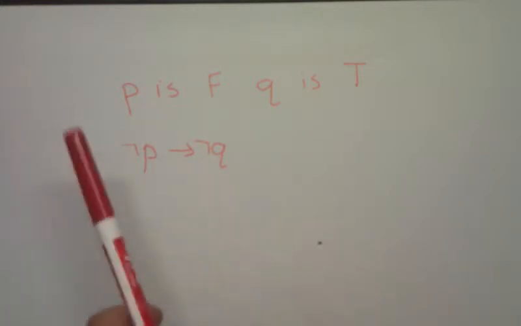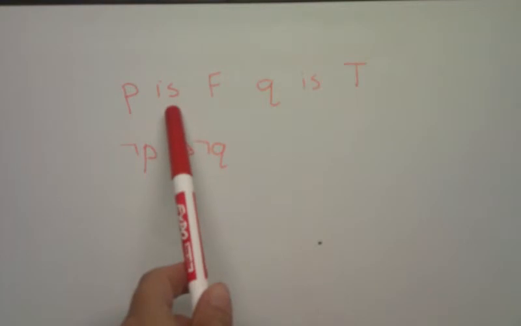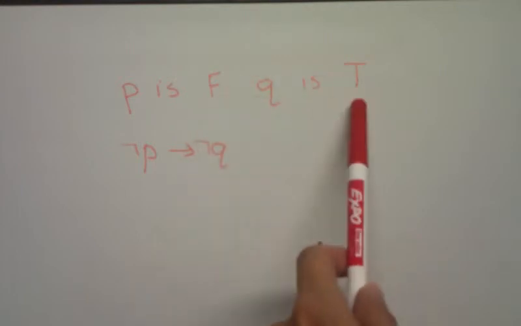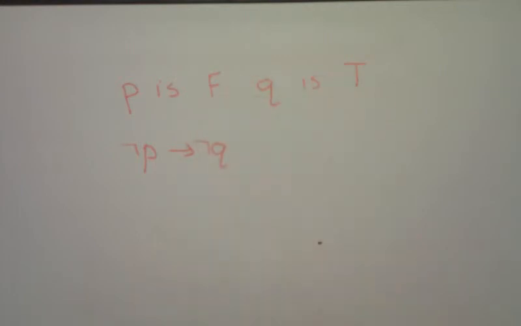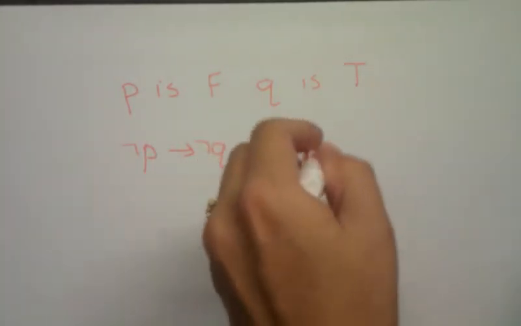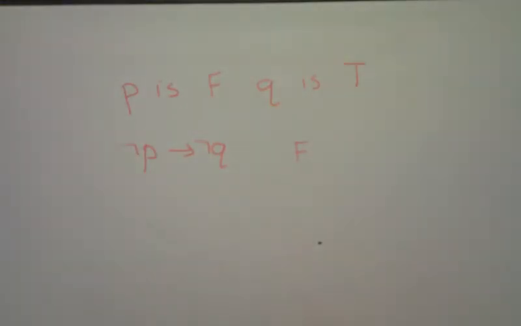Okay. If P is false, that means it's true. So if this is true, and if this is not true, that means it's false. So if this is true and that's false, the answer is false. You should have come up with false. Okay? Let's do another one.